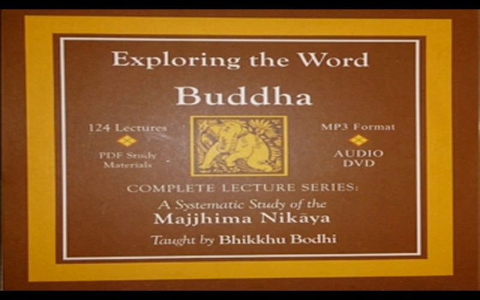Dependent on the eye and forms, eye consciousness arises. The meeting of the three is contact. Consciousness comes together with forms through the eye, and so when consciousness encounters the forms, visible forms, through the eye, that is contact.